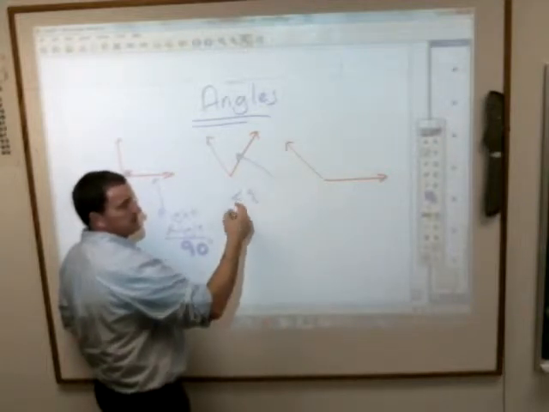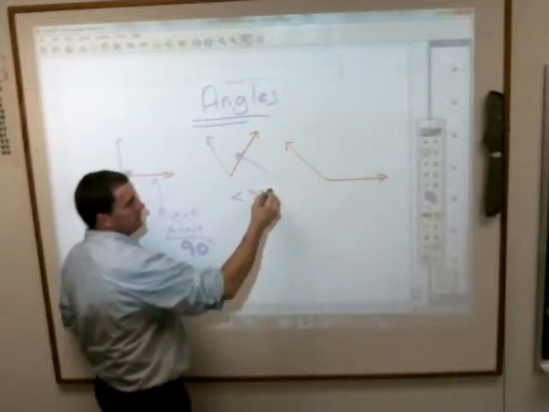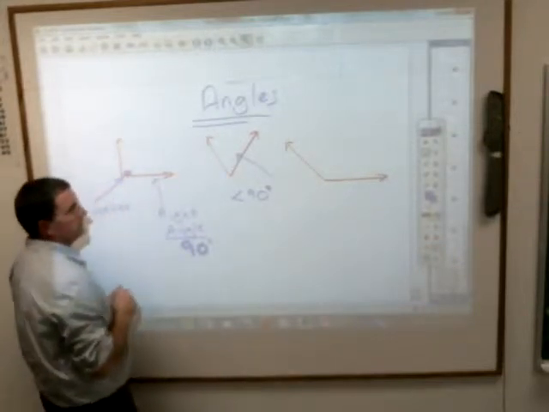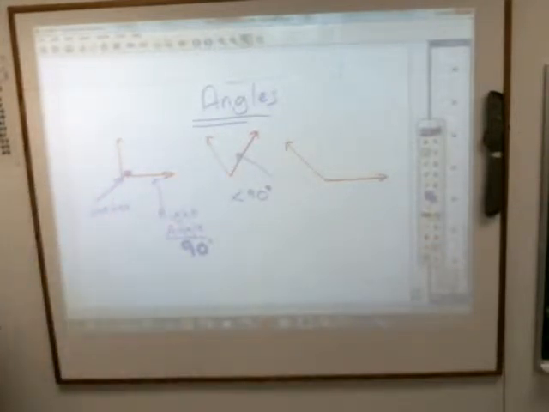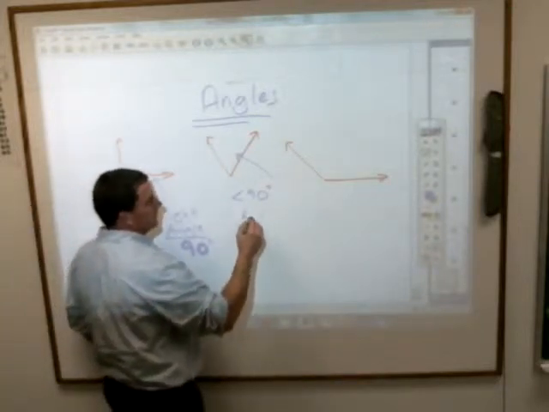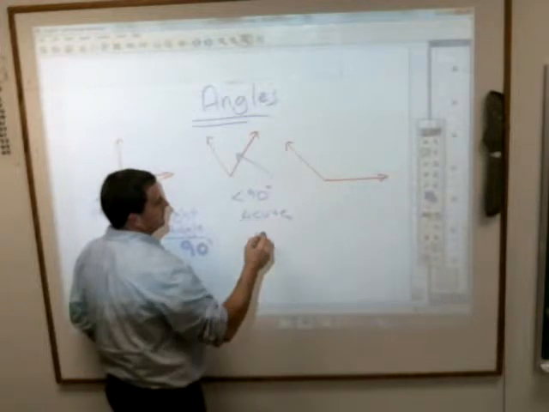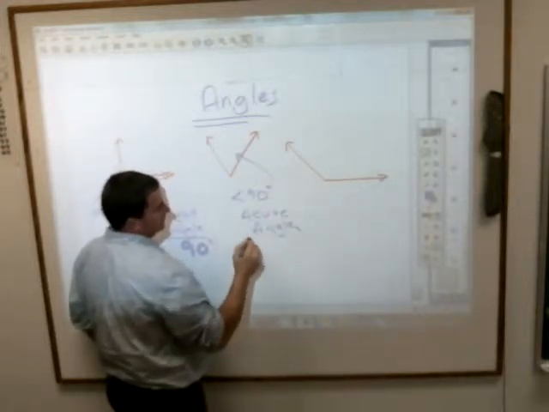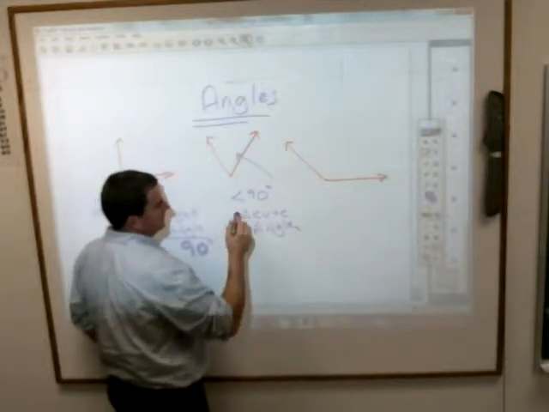If it's less than, see the little less than symbol? If it's less than 90 degrees, what type of angle is a little less than 90 degrees? Ryan? Very good. It's an acute angle. Less than 90 degrees.